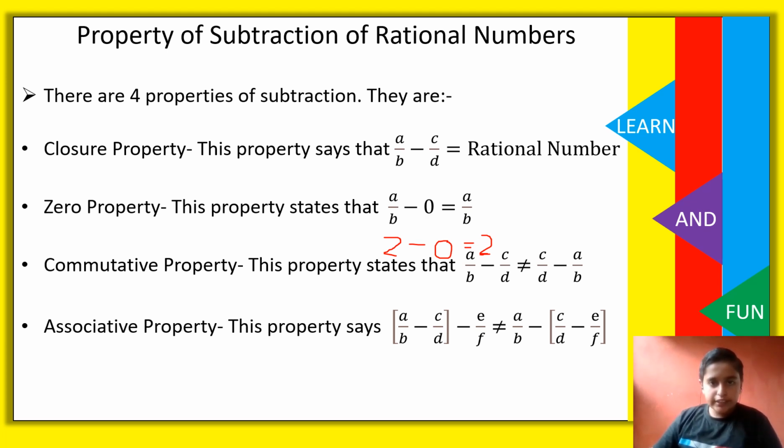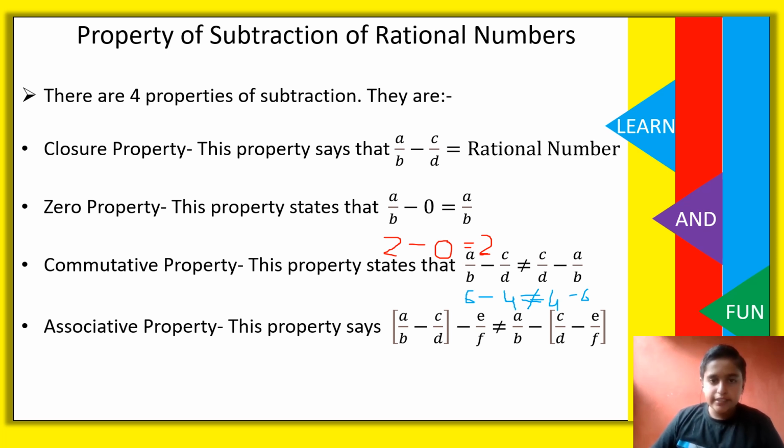Considering a upon b as 6 and c upon d as 4, 6 minus 4 is not equal to, as per the property, 4 minus 6. So 6 minus 4 gives us 2 and 4 minus 6 gives us minus 2. So 2 is not equal to minus 2. This property is correct.